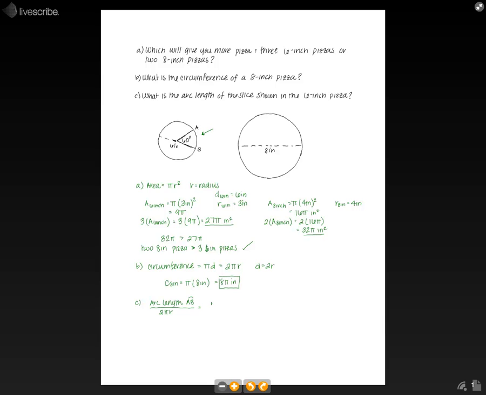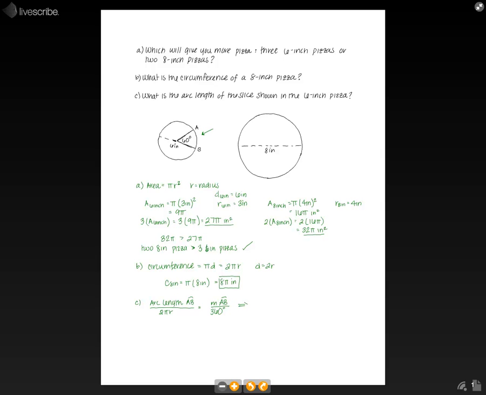that's equal to the measure of AB over 360. Alright, so the measure of AB we know is basically just the same as the included angle.